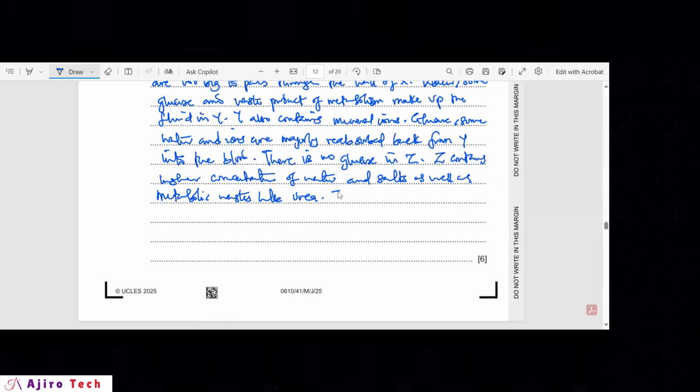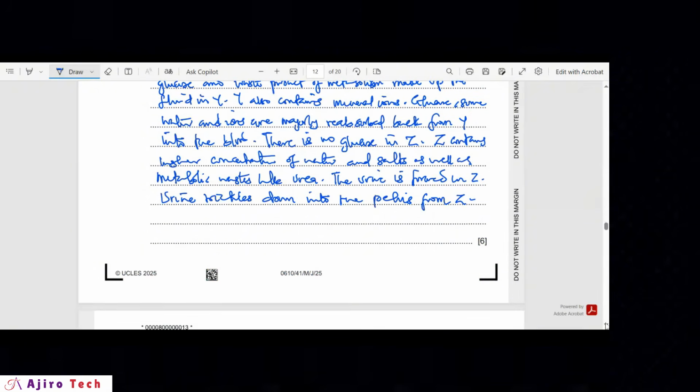We say urine, the urine is formed in Z, and urine trickles down into the pelvis from Z.